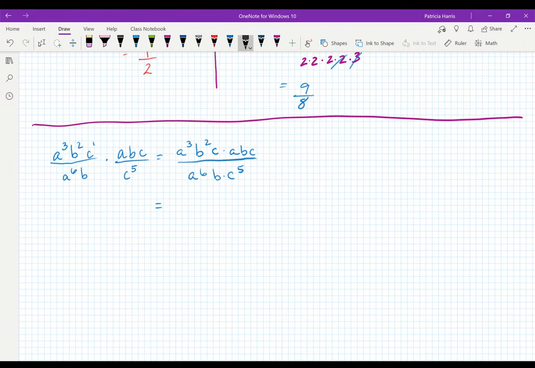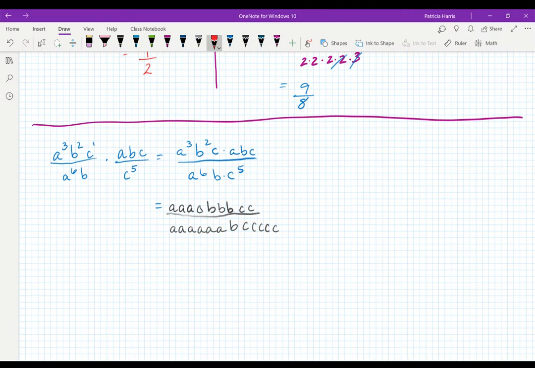So how many factors of a do you have? Well, you have the 3 here and then 1 here, so that makes 4. 1, 2, 3, 4. Then 2 b's, then 1 more. Then 2 c's. So what I'm doing, and I'm doing this kind of the long way, is actually writing out all of my factors of a, b, and c, so I can actually tell where my ones are.